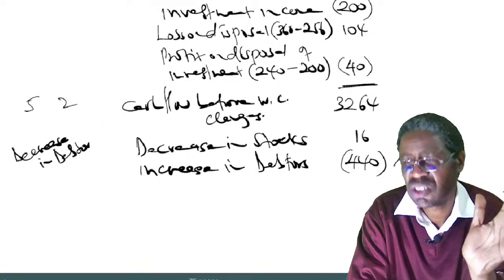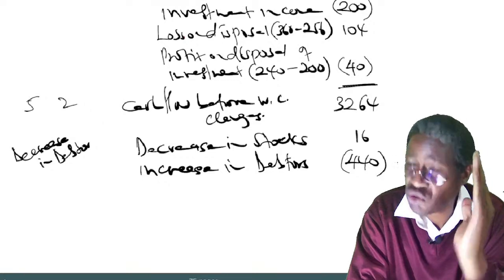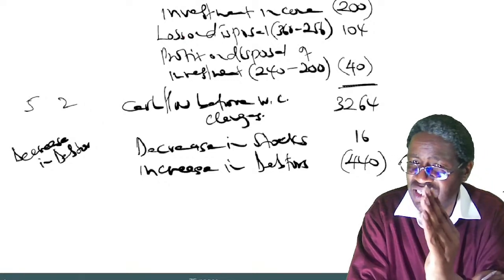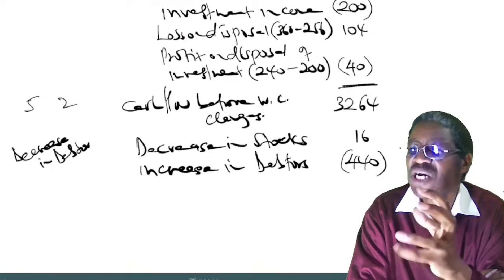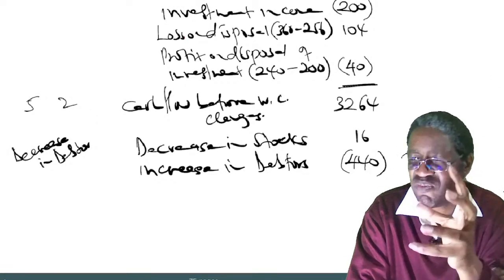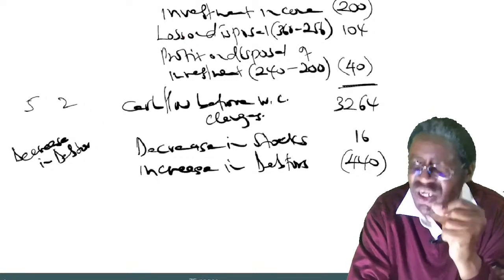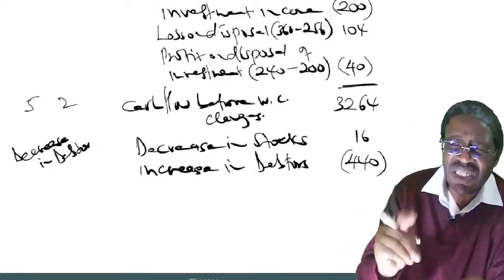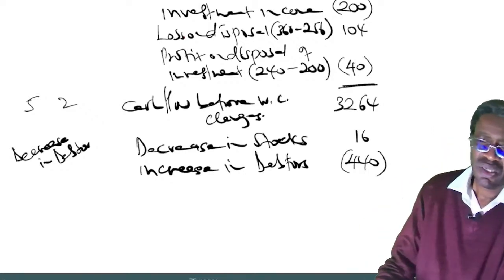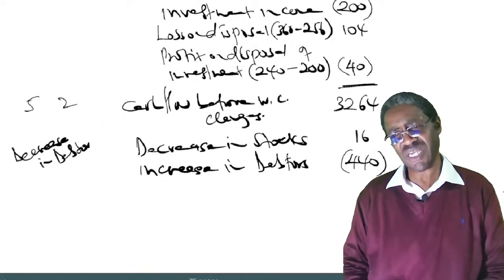There's no question. That's an inflow. Just like I've told you, when stocks go down, you must have sold and cash came in. When stocks increase, you must have purchased more, and cash went out. But now, in the case of debtors increasing, why are we putting it as a negative?